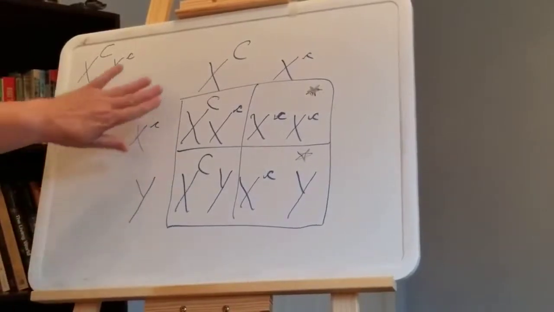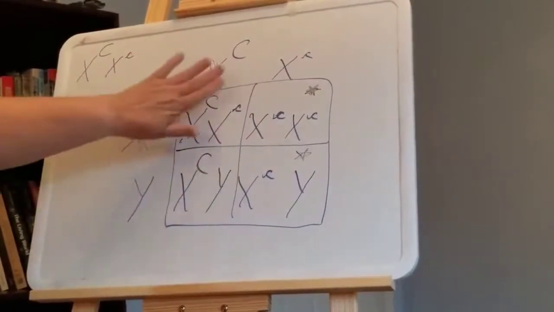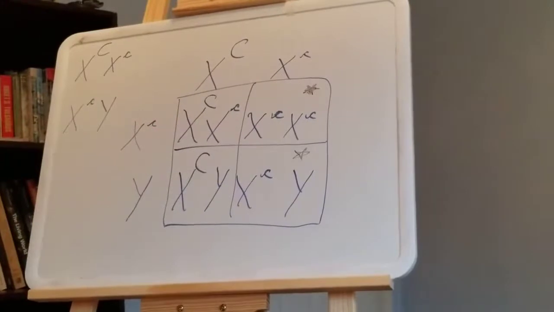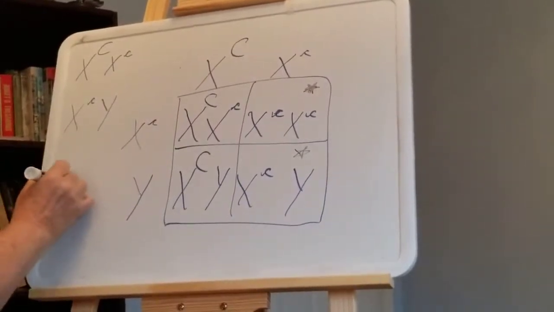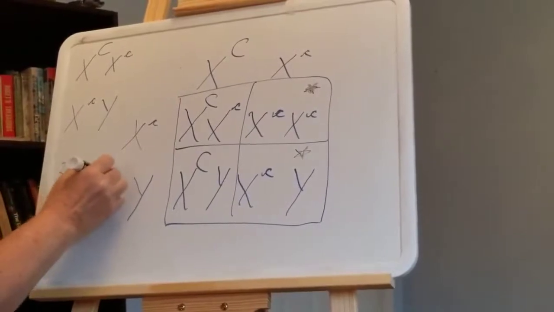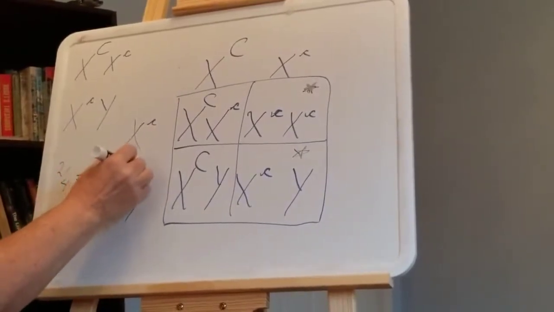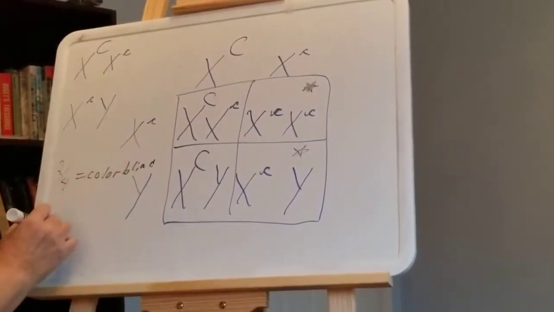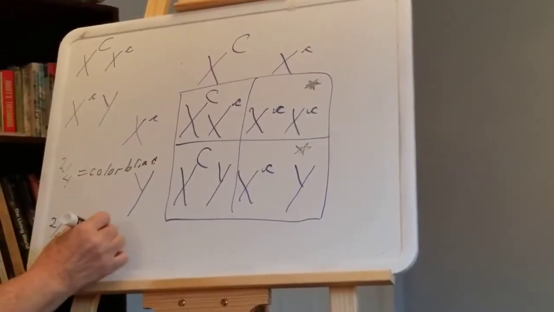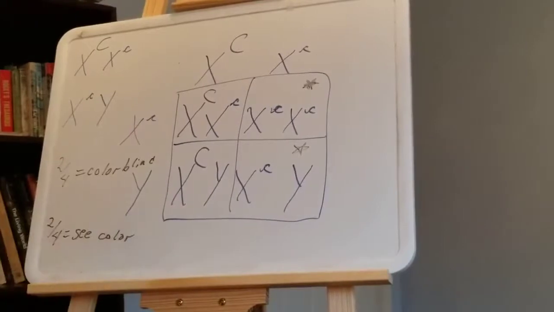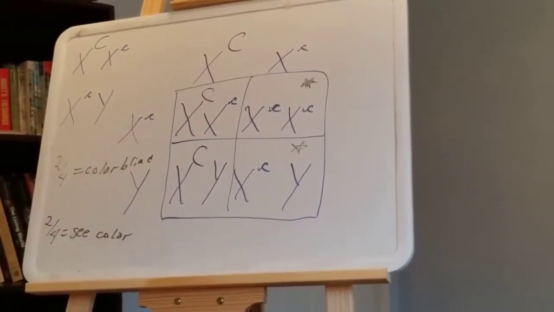So you could say out of the possibility of 4 children, the 4 possibilities, 2 out of 4 would be colorblind. 2 out of the 4 can see color. This would be the phenotype.